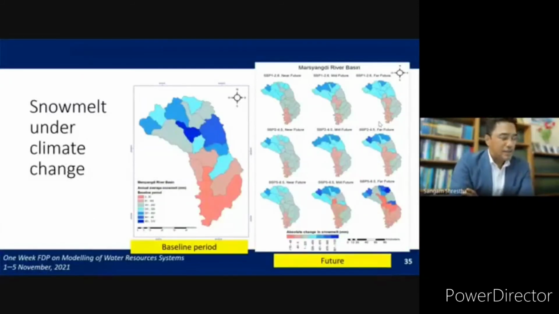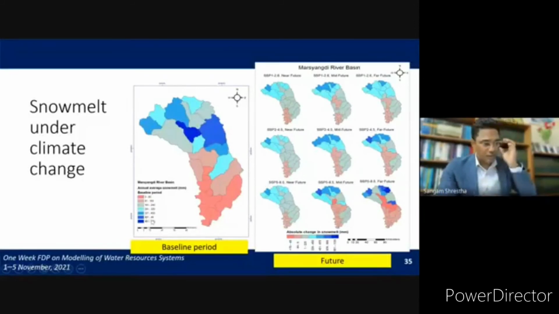Okay, this map shows the snow melt under climate change. I have prepared the spatial variation of the change in the snow melt under the climate change scenario. The darker blue color is higher snow melt. On the left-hand side, this is the snow melt in the baseline period, right?